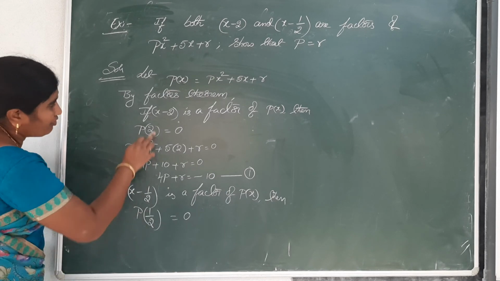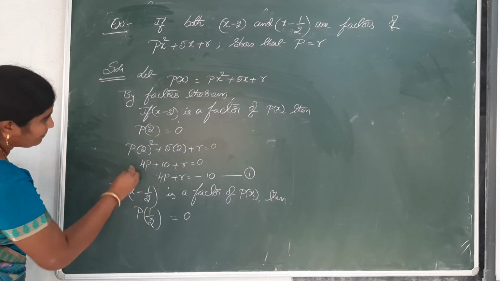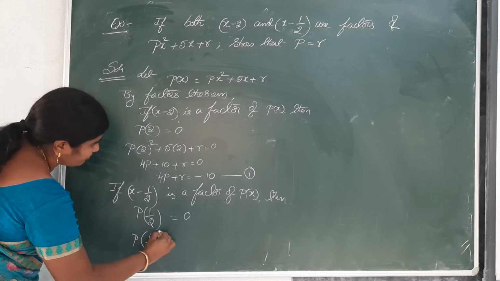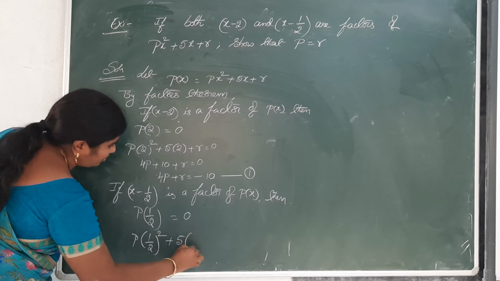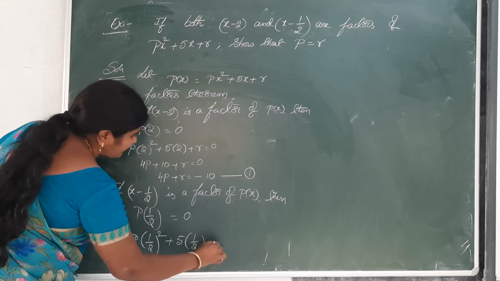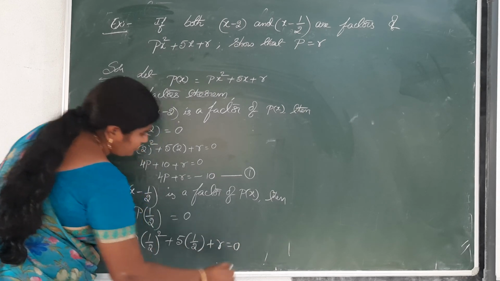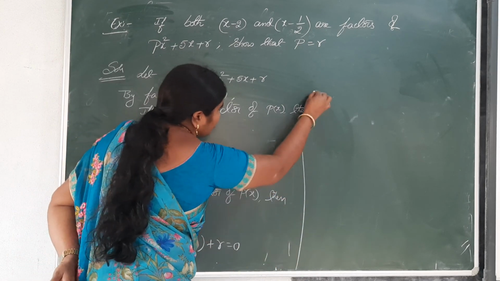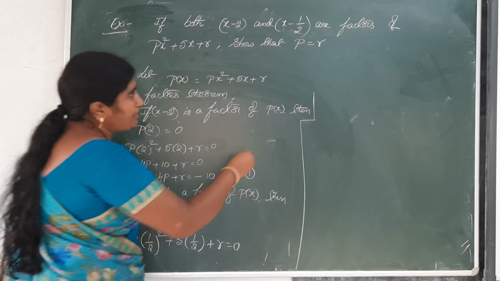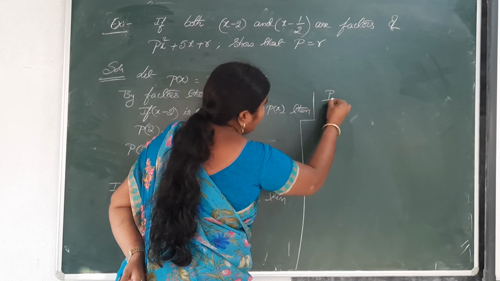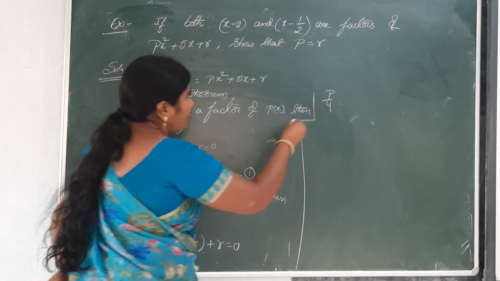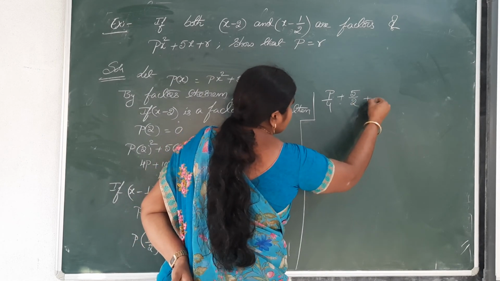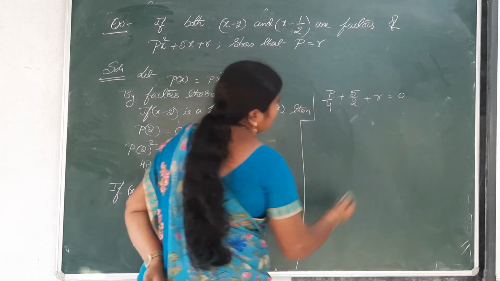Replace x by 1 by 2 in P of x: P into 1 by 2 whole square plus 5 into 1 by 2 plus R equal to 0. Next, P into 1 by 4, that is P by 4 plus 5 by 2 plus R equal to 0.